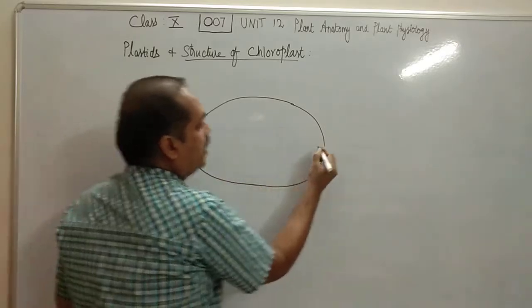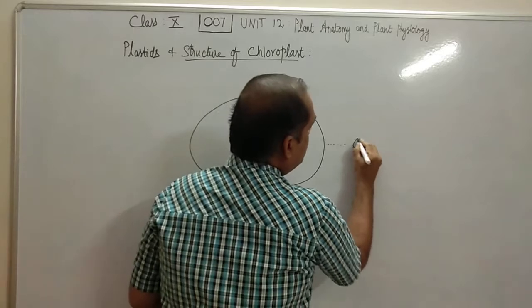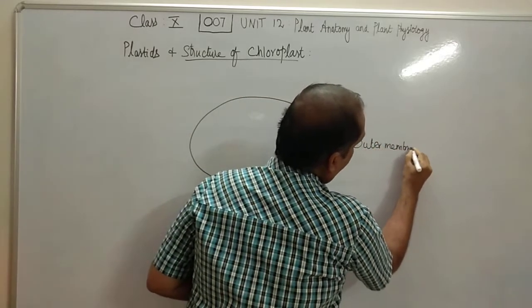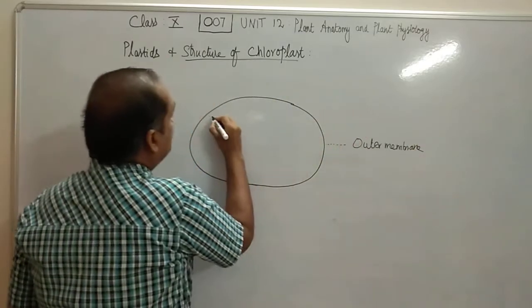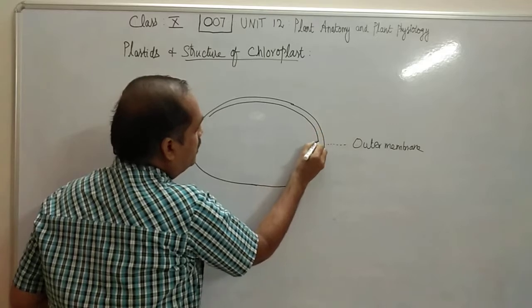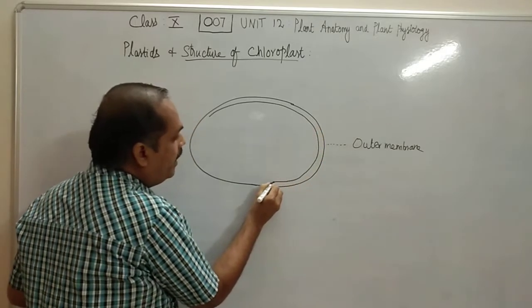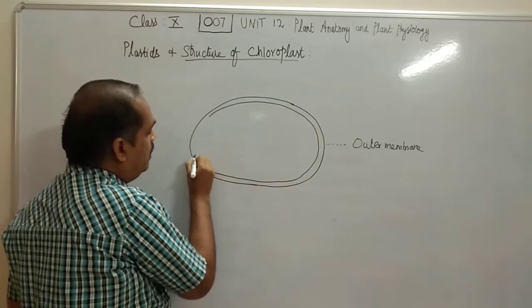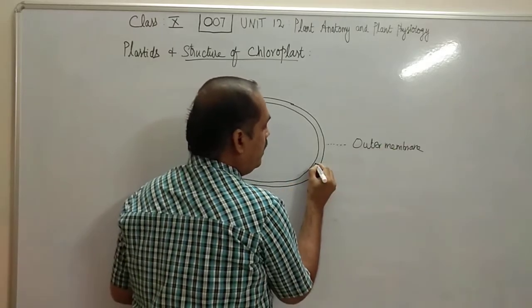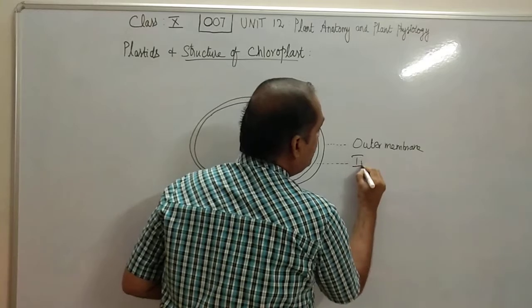I have drawn the outer membrane. So this is the outer membrane of the chloroplast, and they also have one more membrane, that is the inner membrane. So chloroplast is a double membrane bound organelle. This is the outer membrane and this is the inner membrane.